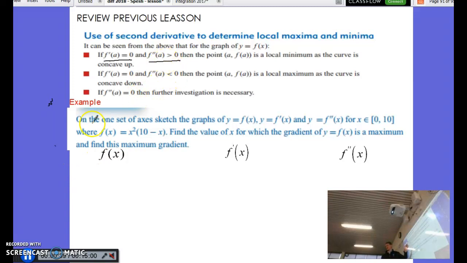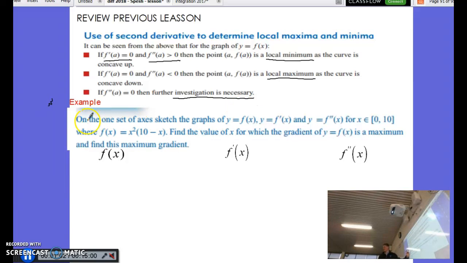So who remembers what they are indicating? Minimum. Yep. So greater than, it takes that shape, becomes a local minimum. Less than, it becomes a local maximum. Okay. But however, if it equals 0, then it says we're going to investigate further.